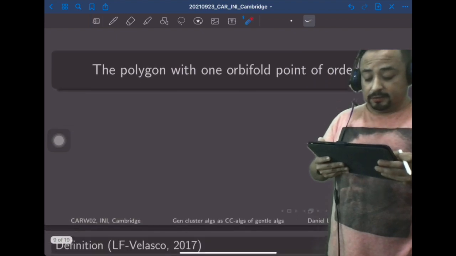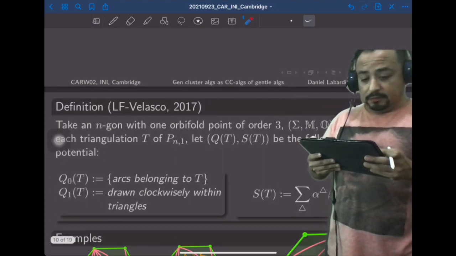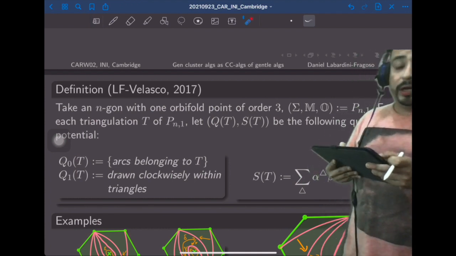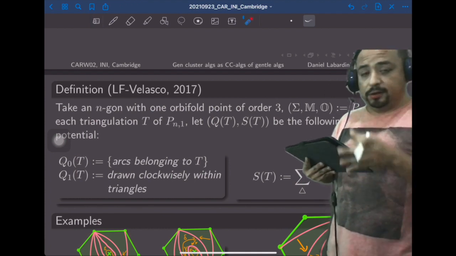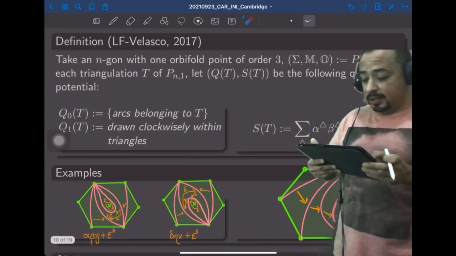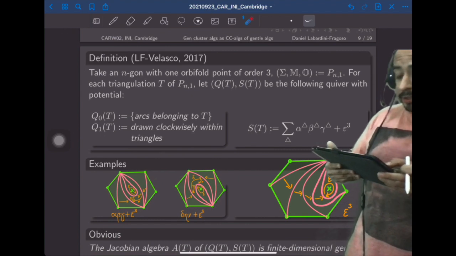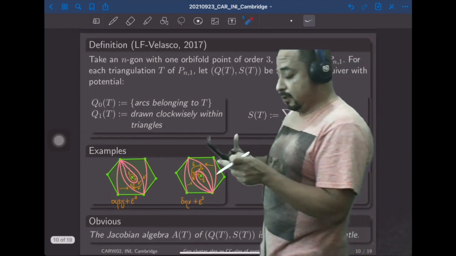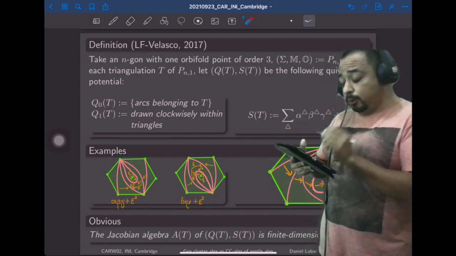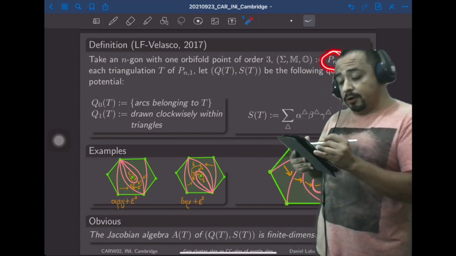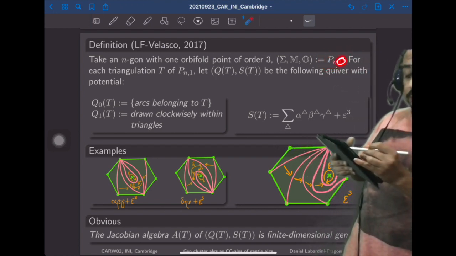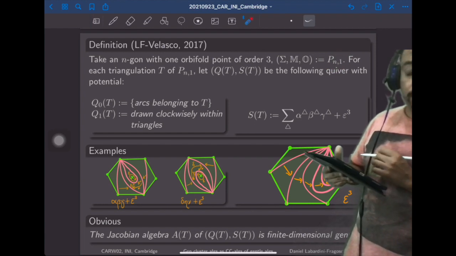Can one define some Caldero-Chapoton map in order to hit those cluster variables? This is something that Diego Velasco and I did some years ago, and we did it for the polygon with one orbifold point of order 3, right?